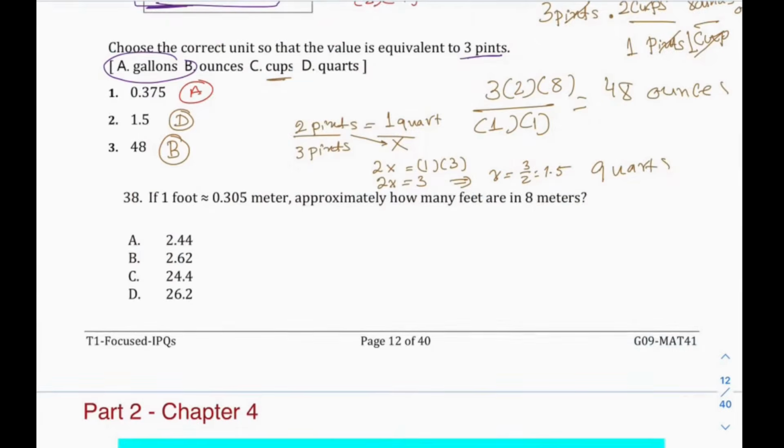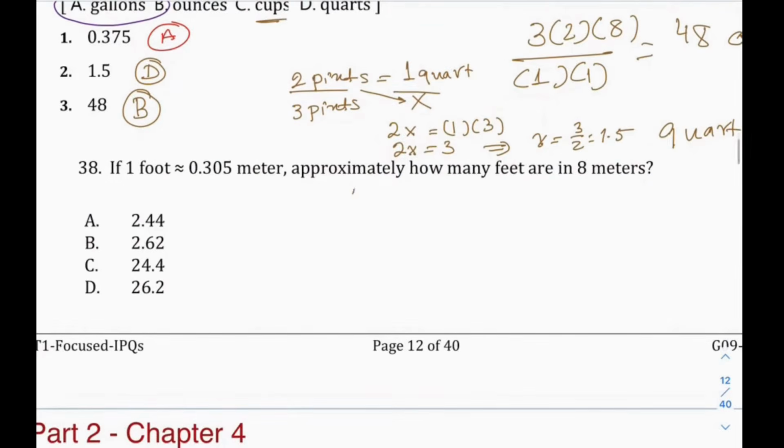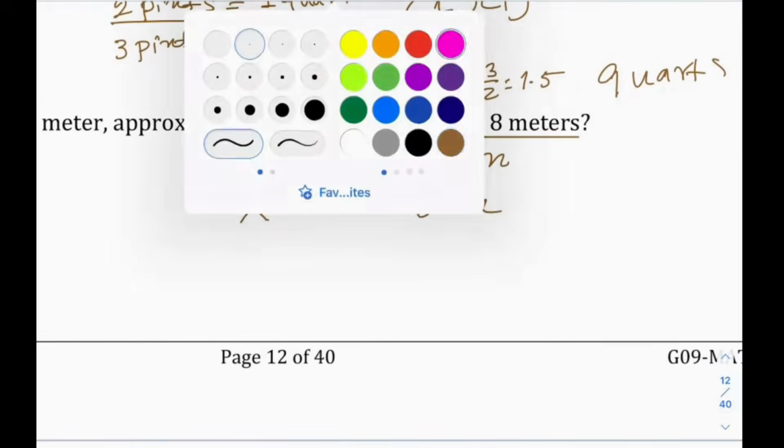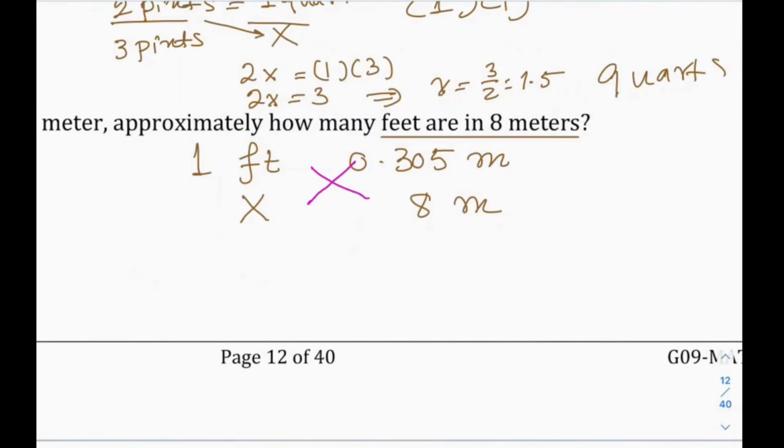Okay. Last question in chapter 2, we have this conversion factor. 1 foot is equal to 0.305 meter. Approximately how many feet are in 8 meters? So we put meters under meters. How many feet? X here. You can cross multiply. So 0.305x equals 8 times 1, which is 8.